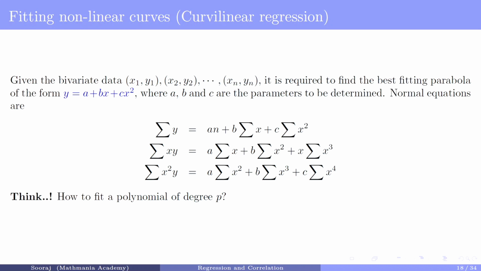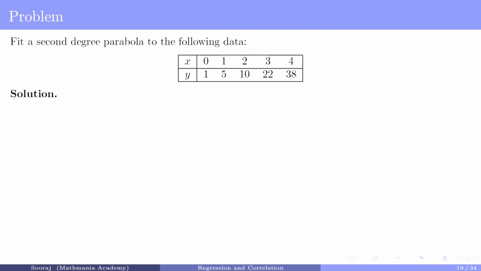Now it is just a matter of solving the system of equations. When we had three parameters to be determined, we had three equations. So imagine if you have to fit a polynomial of degree p, we will have to solve a system of p equations. That's it, right?